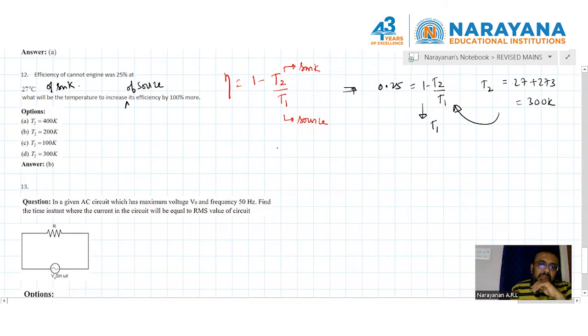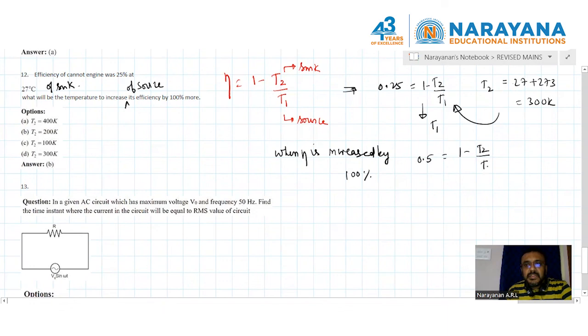Now, when eta is increased by 100%, it will be 0.5, equals 1 minus T2 by T1 dash.